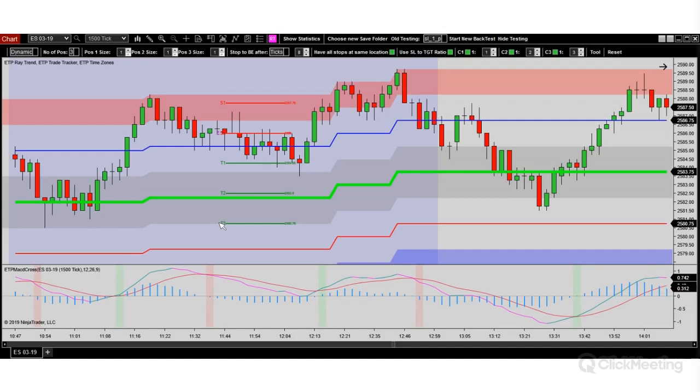Diane asked, can you adjust the criteria to say that when price retraces to the midband, it will take a trade on the reverse bar without using any other criteria? Sure. Just use the RayTrader, and when price gets into the midband, turn it on with the reversal bar.